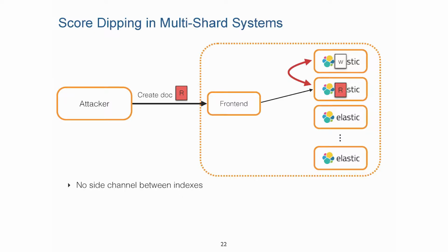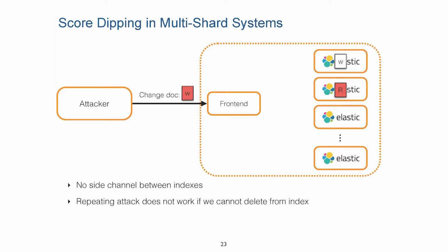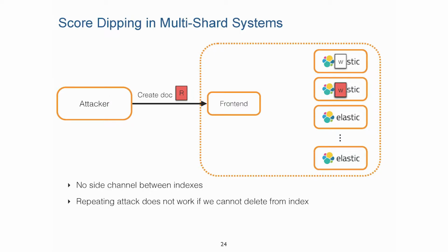But that doesn't work because when you do this, let's say we carry out the attack against this one shard here. So we go back and we write the victim term into that shard, and it gets written there. And then we do the second stage, and we learn, OK, it wasn't written there. When we come back and we do this again, we create another document, maybe with another random term. If we go back to the same shard, and again, we don't a priori have a way to prevent that, then we'll just detect our old document there.